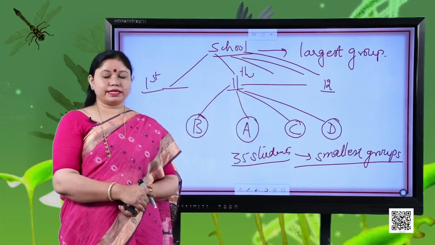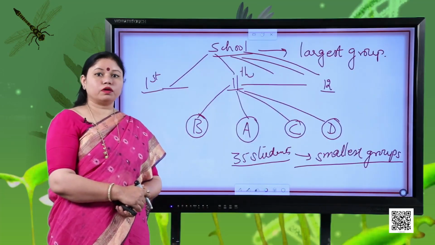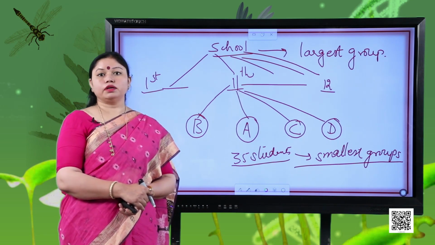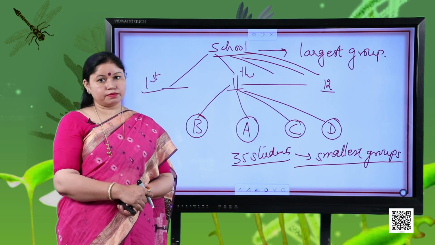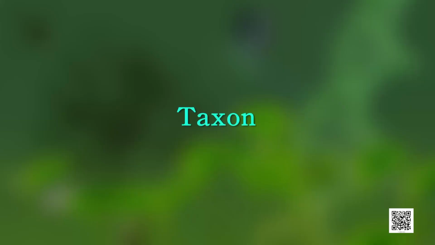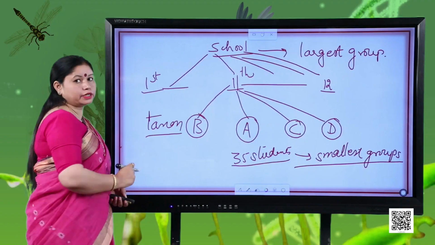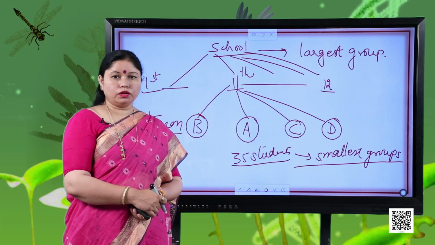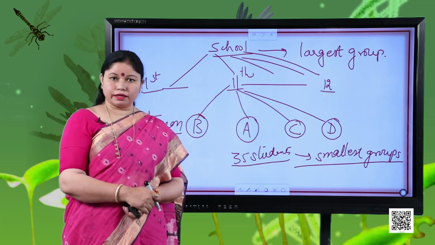Similarly, when you are studying an enormous variety of organisms, you need to devise a convenient way to study them. This is why living organisms are arranged into various categories based on their similarities and dissimilarities, and each category is called a taxon. So, the term for the category is taxon. Taxon also represents a rank.